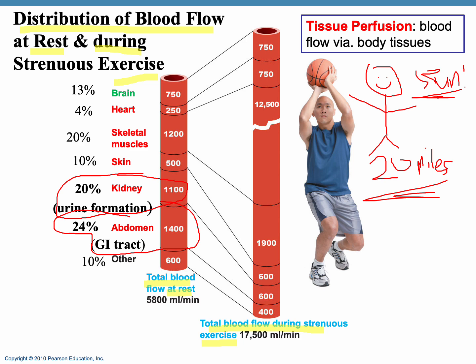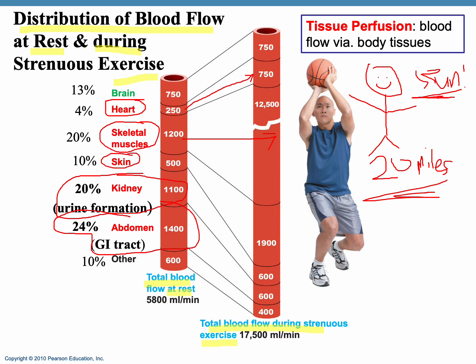There are certain areas of the body that are going to receive more blood flow. That's going to be the heart when you're exercising. You can see the big difference here. A lot more blood going through the heart. You're going to have a lot more blood going to skeletal muscles, especially when you're running, more blood flow going to muscles in your legs for sure, and your arms.